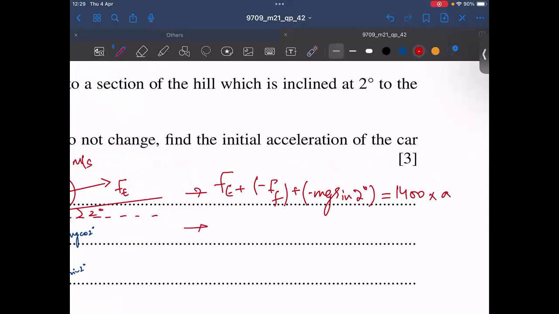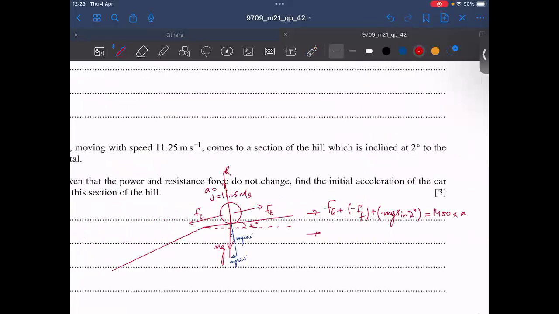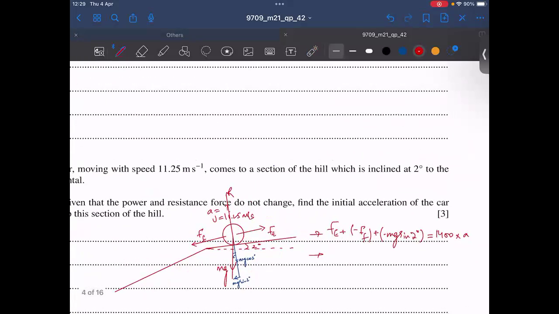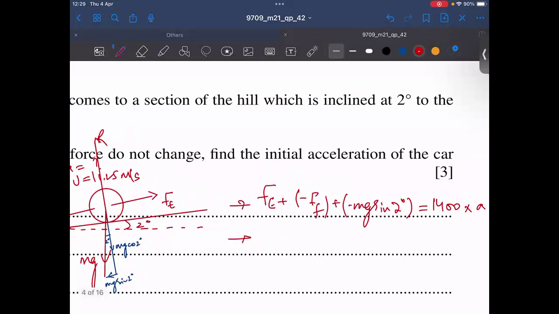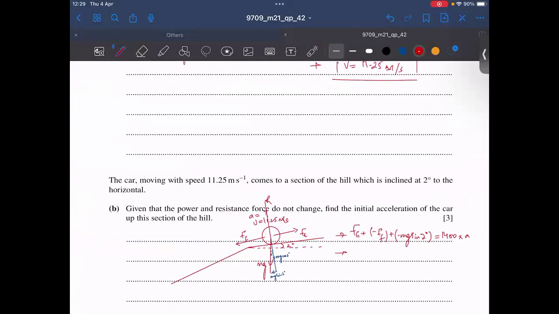So Fe is the same. Basically, they are saying that the power is the same. So if the power is the same, the force of the engine is also going to remain the same.